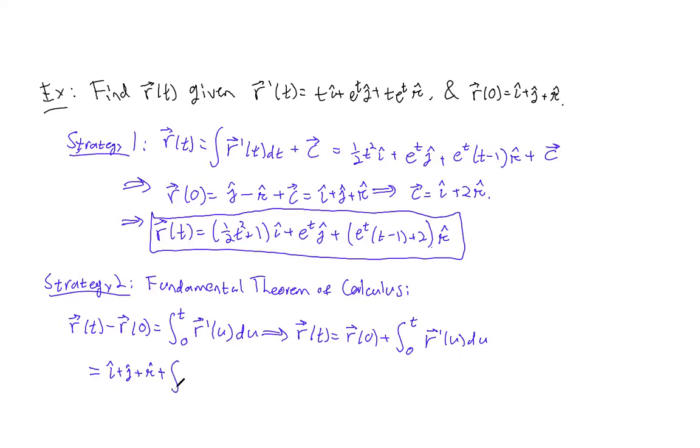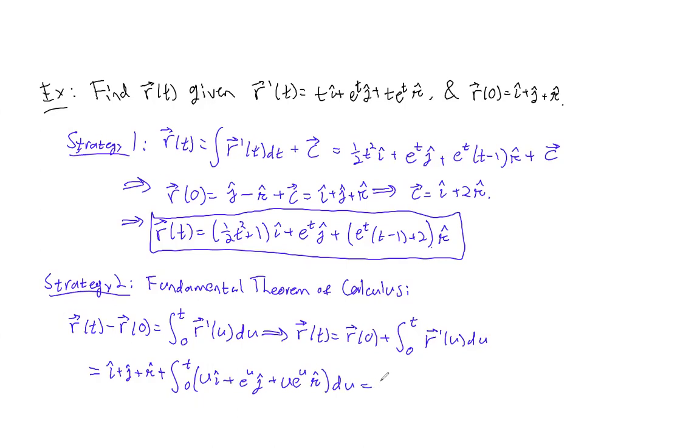Plus the integral from 0 to t of, now we're going to use u instead of t, so that's u i plus e to the u j plus u e to the u k du.